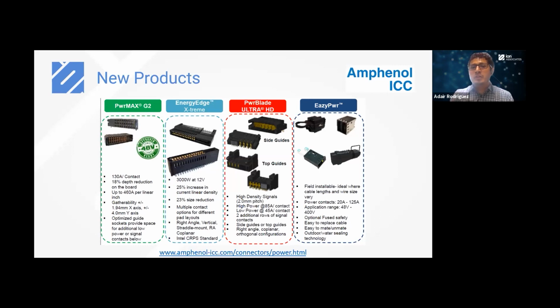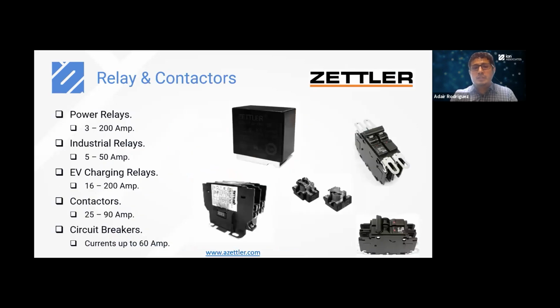Some other products that we might consider are the relays or contactors with one of our partners. We can help you with not only industrial or high power relays, also EV charger relays or contactors and circuit breakers.